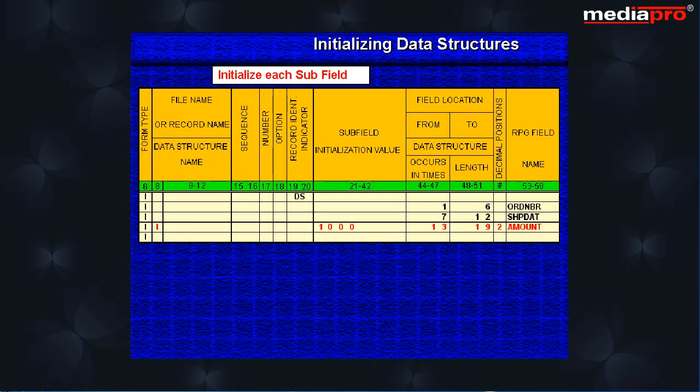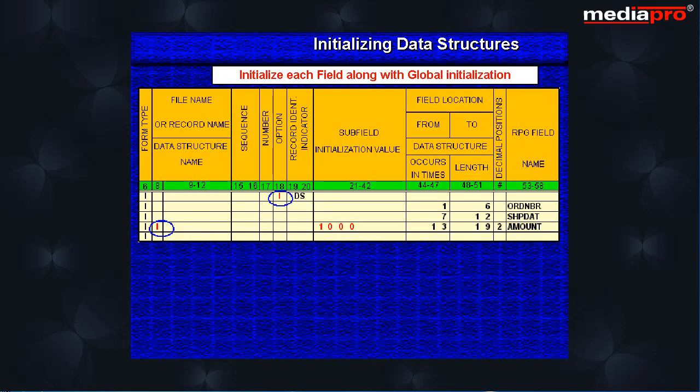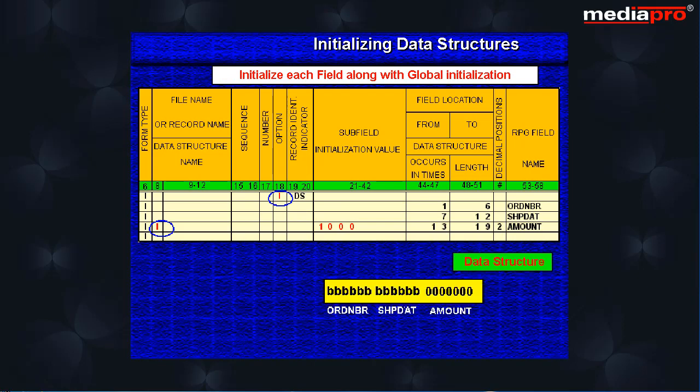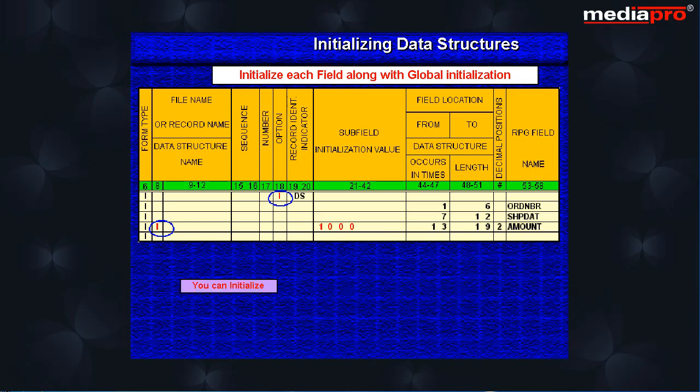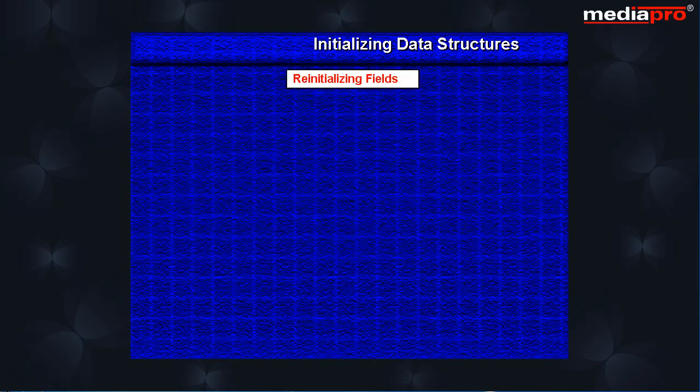When using this method, only the fields which have an I in column 8 will be initialized. We can combine these two methods so that all the fields will be initialized. With the initialization value specified explicitly for a field, it will override the global initialization for that field. Initialization can be done on both program described as well as externally described data structures.